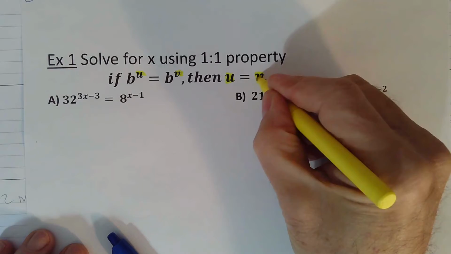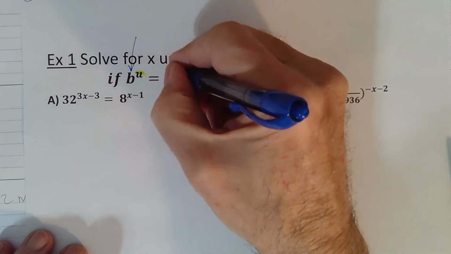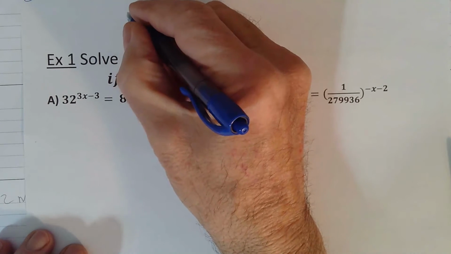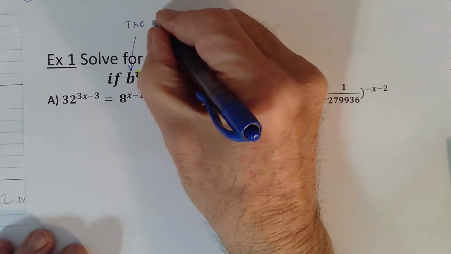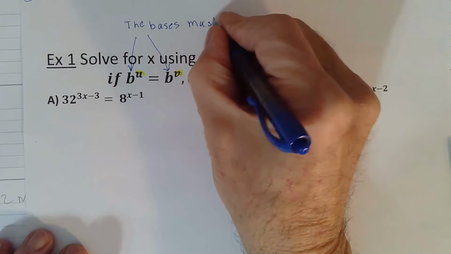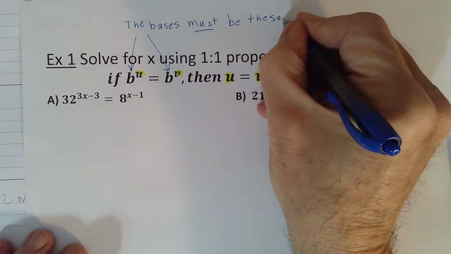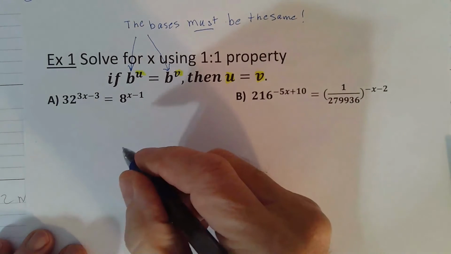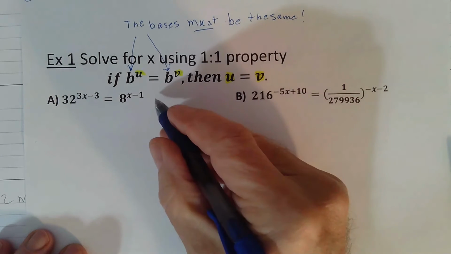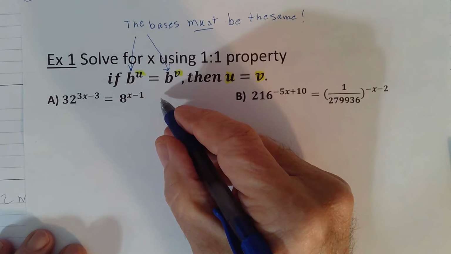U equals v. And of course, these are the exponents. So I'm going to show you up here. You've got to have the bases must be the same for this to work. Okay? And then you need to recognize that, of course, these are going to be exponential. Well, it'll be set up as an exponential equation.